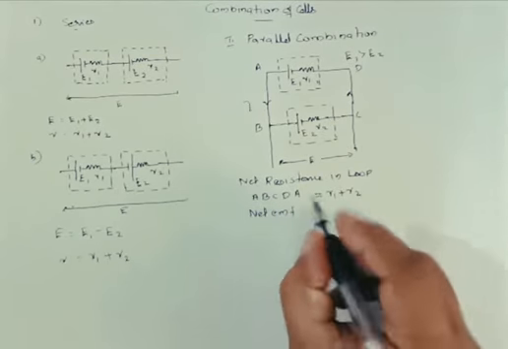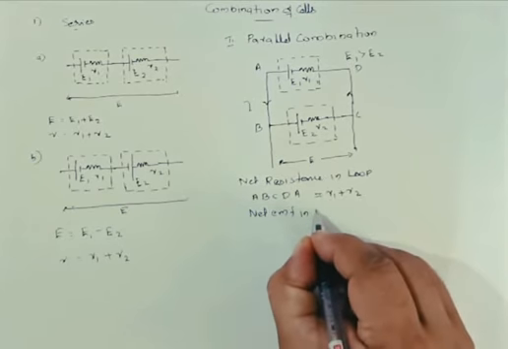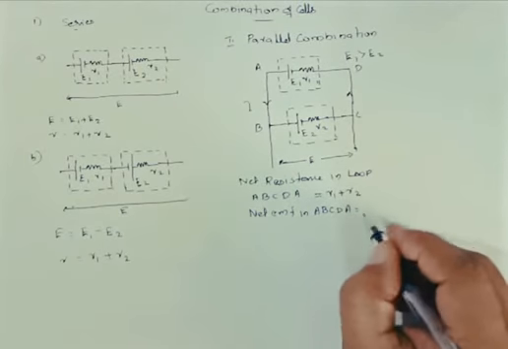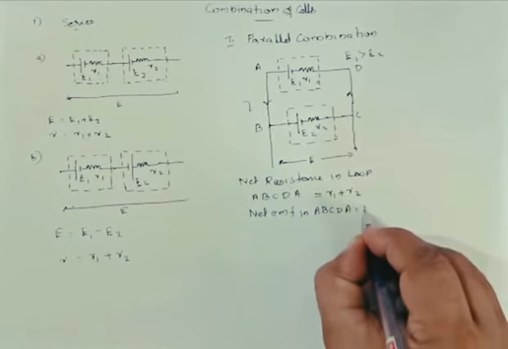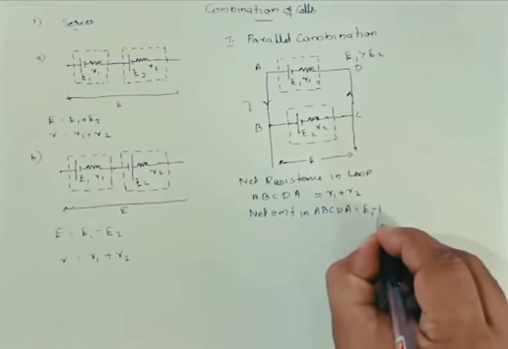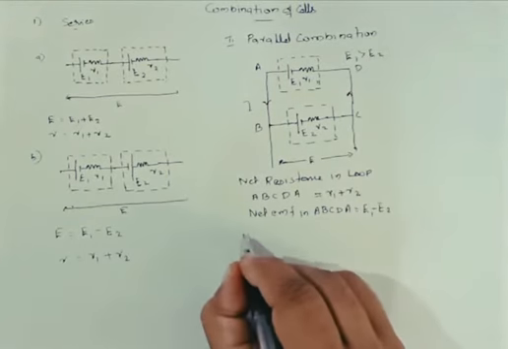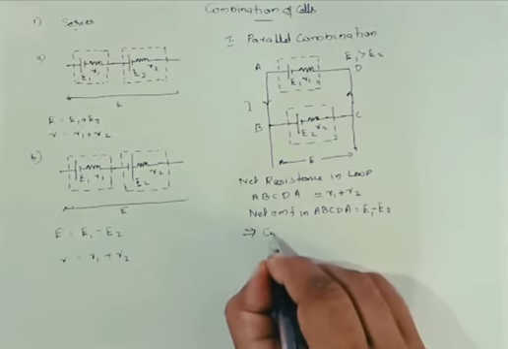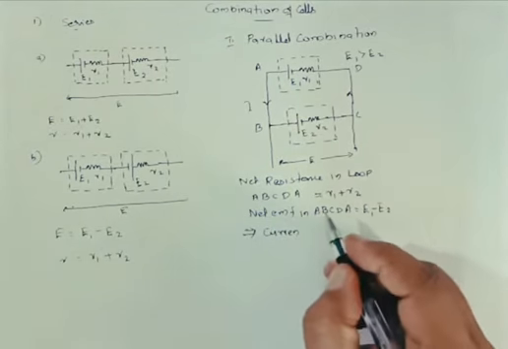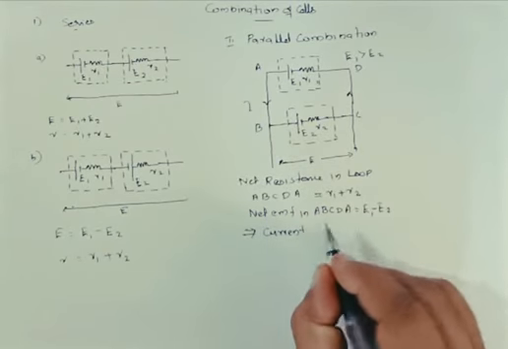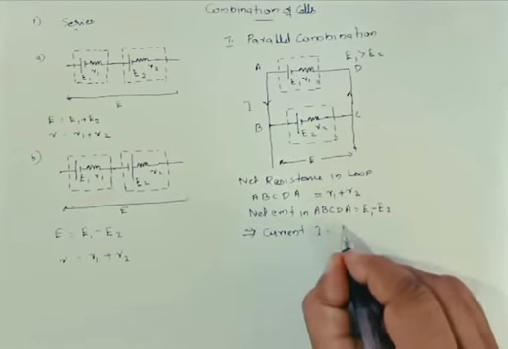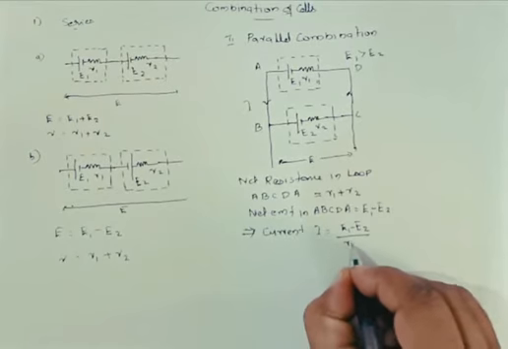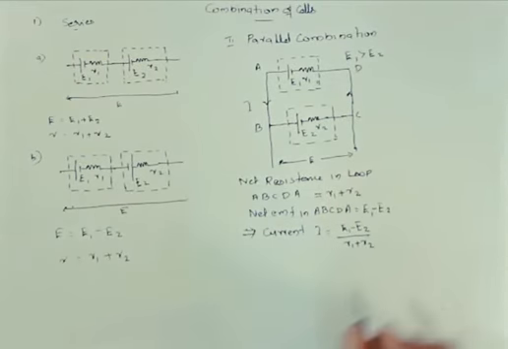The net EMF in the loop A, B, C, D, A is equal to E1 minus E2. Therefore, current I is equal to E1 minus E2 over R1 plus R2.